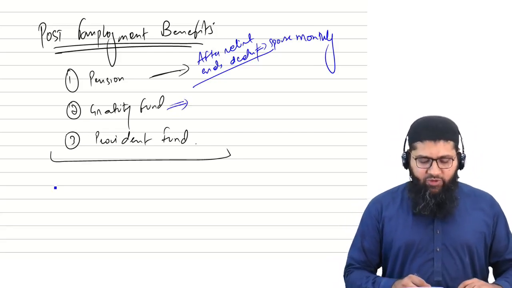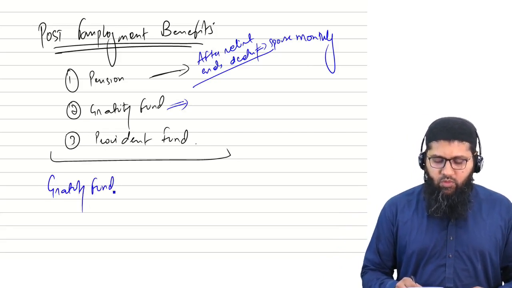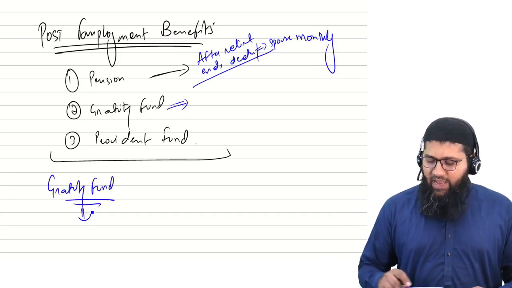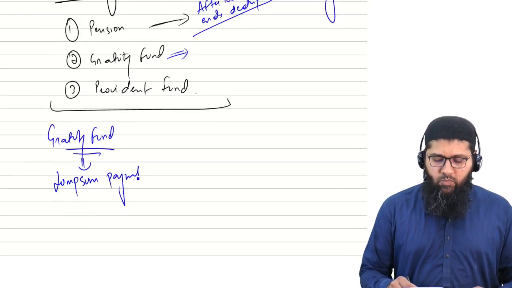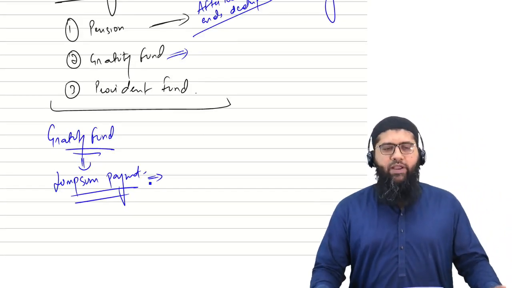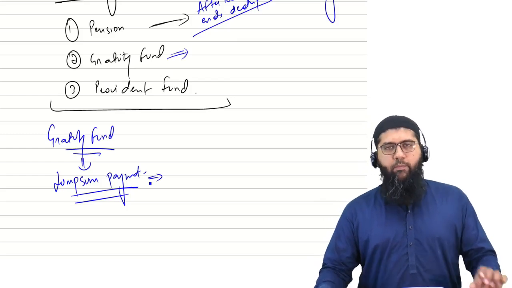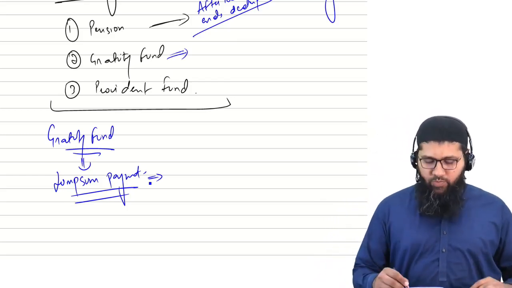The way the gratuity fund operates is that upon retirement there is a lump sum payment that is made to the employee.